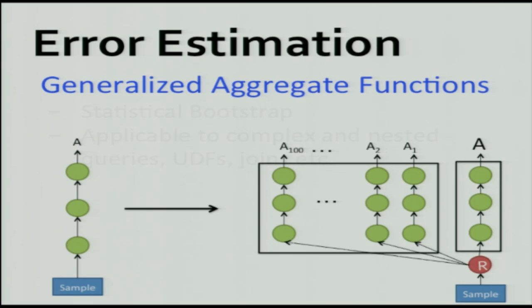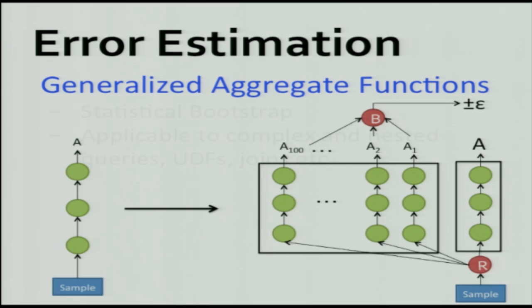Now, statisticians generally say that 100 instances are good enough for computing this answer, but all in all, this is what the query plan looks like. Now, these 100 instances of the resampled query are then fed into a bootstrap operator that consists of a simple logic that produces this error estimate.